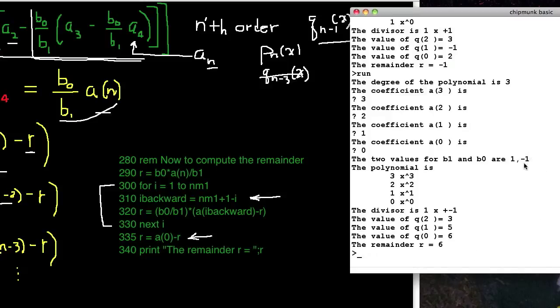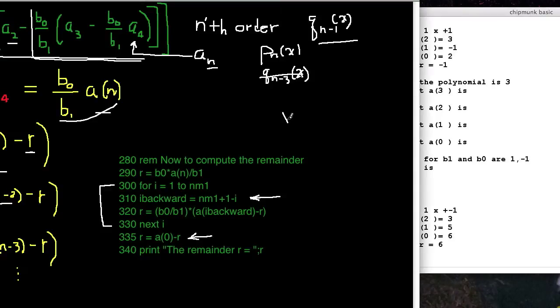C is negative 1? No, I'm sorry, c is equal to 1, because I have x minus c, which in this case is x minus 1.